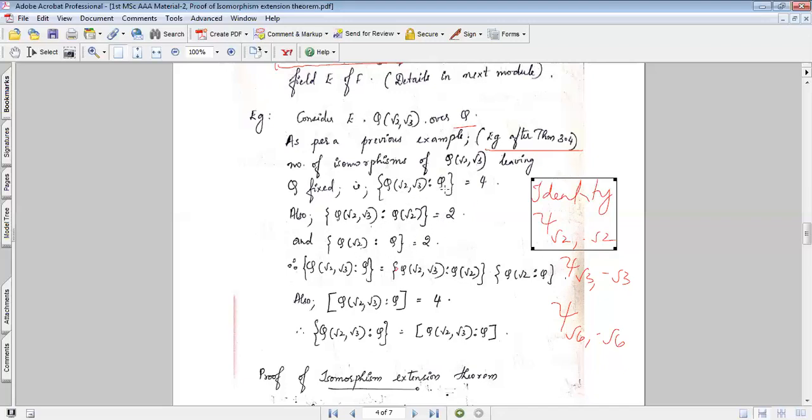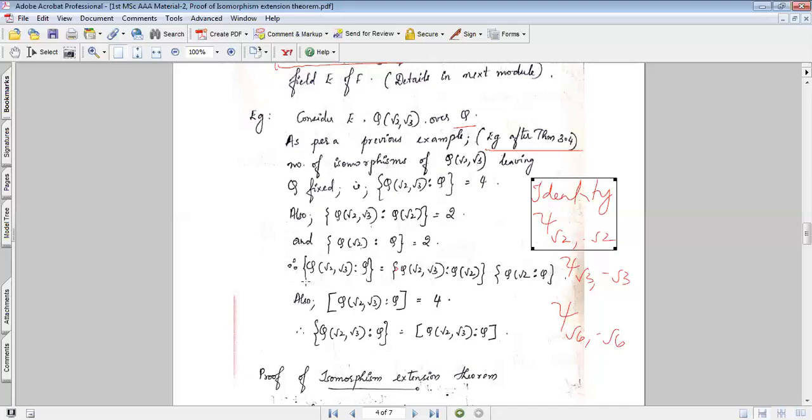So what did we see? We just saw that Q(√2, √3) over Q is 4. Q(√2, √3) over Q(√2) is 2, and Q(√2) over Q is also 2. So you can actually see that this value is equal to the product of these two values, because 4 is equal to 2 times 2.